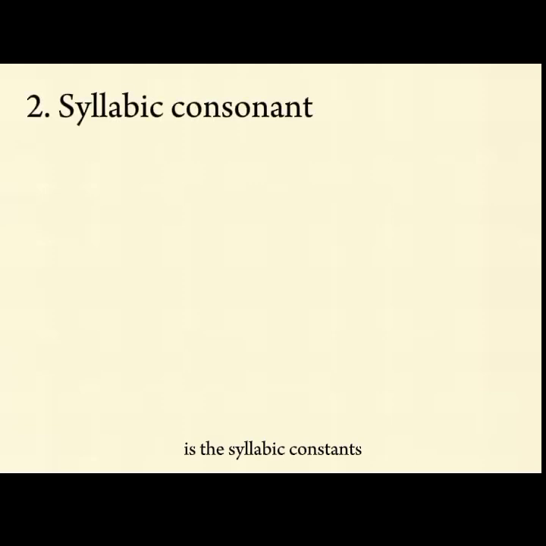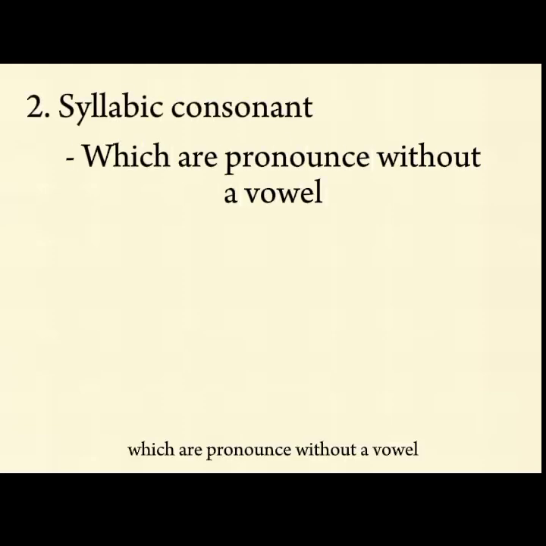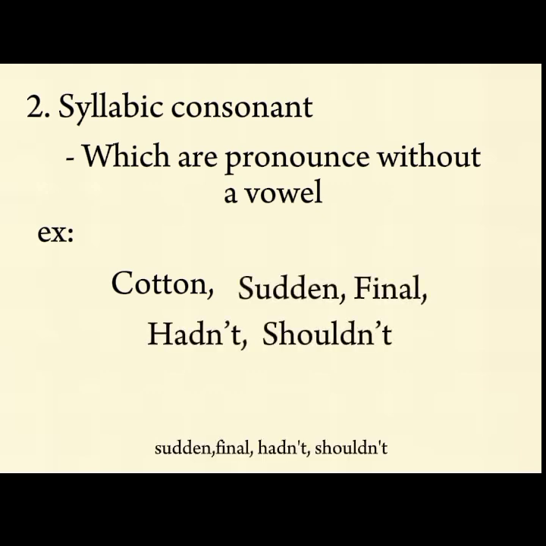The number 2 variant that affects speech is the syllabic consonant, which is pronounced without a vowel. Example po is cotton. Hindi natin siya pinapronounce na cotton, it's cotton. Silent o po siya. Other examples po ng syllabic consonants are sudden, final, hadden, shouldn't.